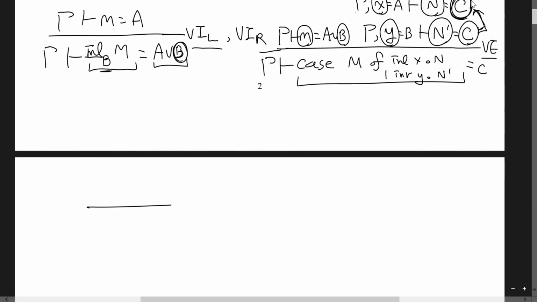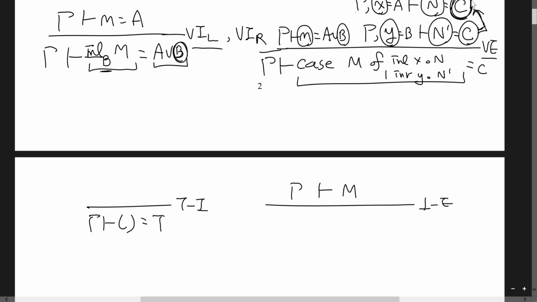For top introduction rule, you have a unit which is type top. And for the bottom elimination rule, suppose that if you have a proof term of type bottom, then you can prove anything, or you can produce a proof term of any type C, with the syntax abort.